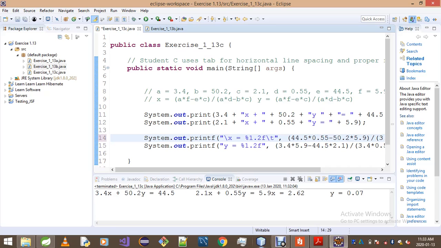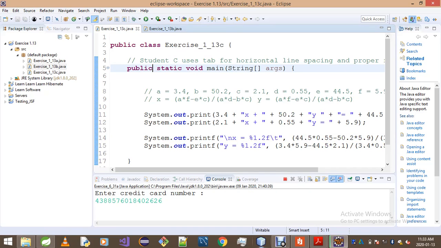So let's start over. Let's see now. I don't know why it keeps displaying this anti-credit card number. Okay, it seems like we're good.